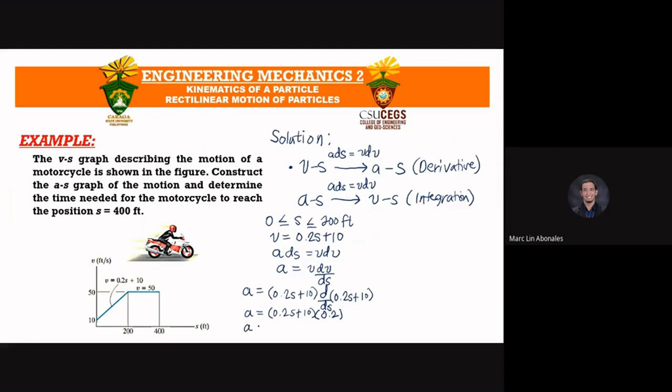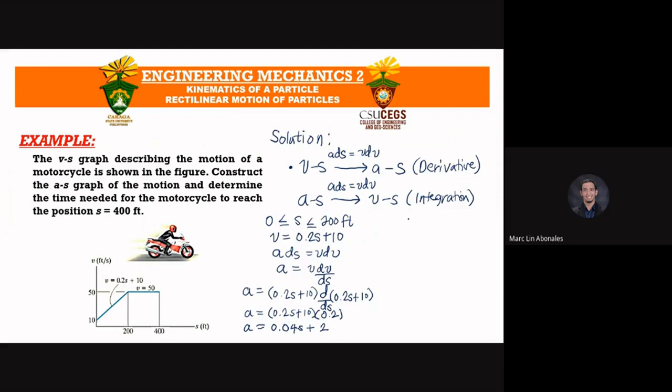So that is a is equal to 0.04s plus 2. So that is the equation of our acceleration for this given interval from 0 to 200 feet.